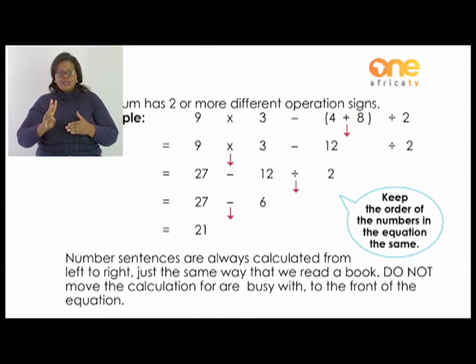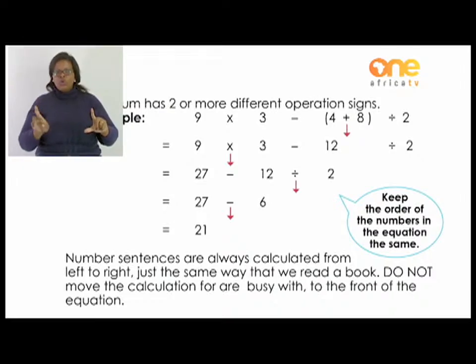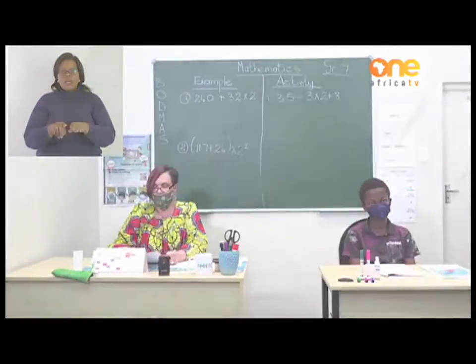So 27 minus 6 is equal to 21. Remember, keep the order of the numbers in the equation the same. You don't change the number until you have done the equation. Number sentences are always calculated from left to right, just the same way that we read a book.